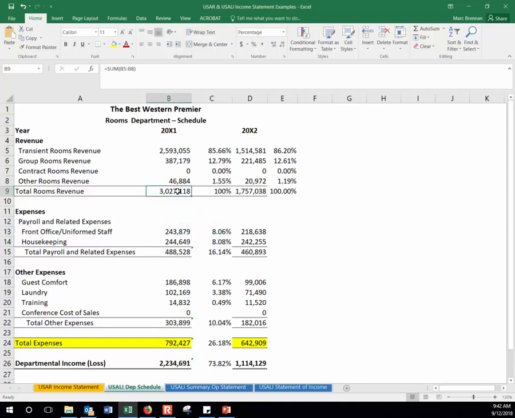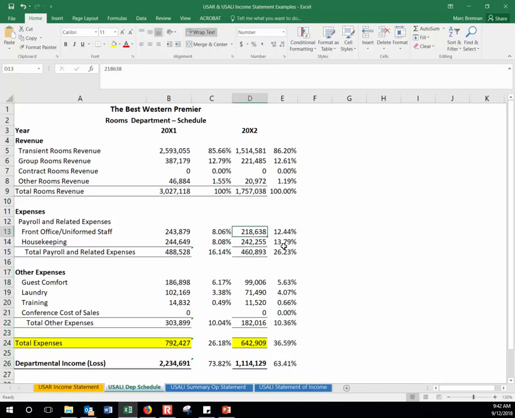I would do that for housekeeping compared to total rooms revenue, so on and so forth. Okay, and then I would perform the same for 2012, turn those into percentages.